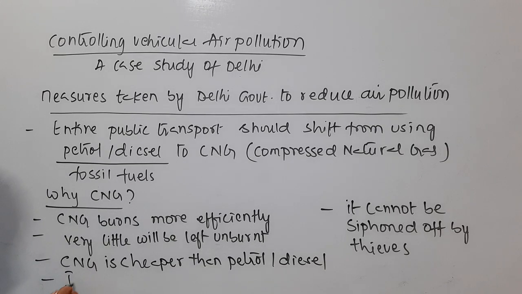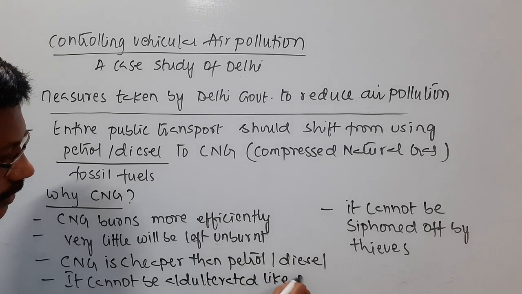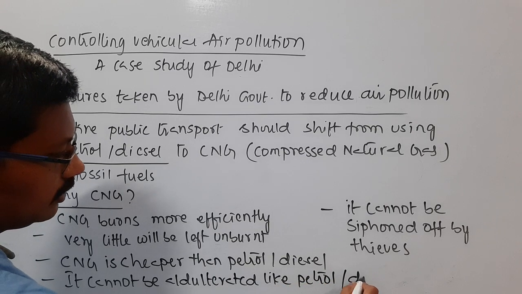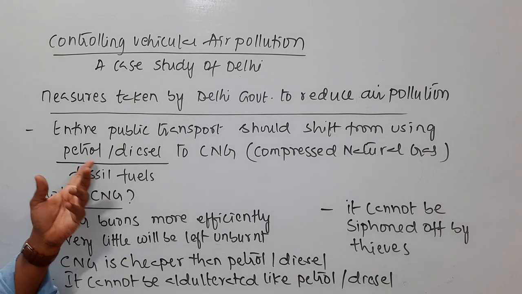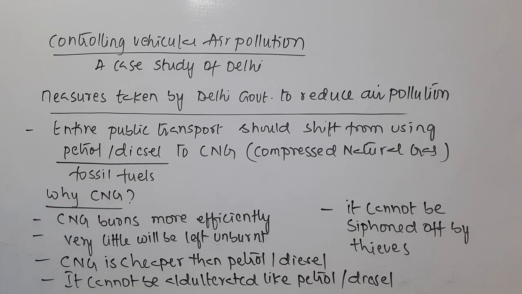Next, it cannot be adulterated like petrol or diesel. Adulteration means mixing in some other substances. There are many situations where petrol and diesel were mixed with kerosene or some other substances and used. Using such adulterated petrol or diesel can cause two problems. One, it can damage the engine, and another, it causes very heavy pollution.